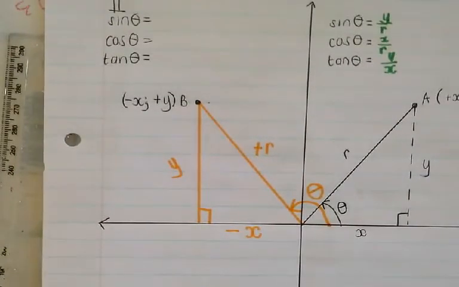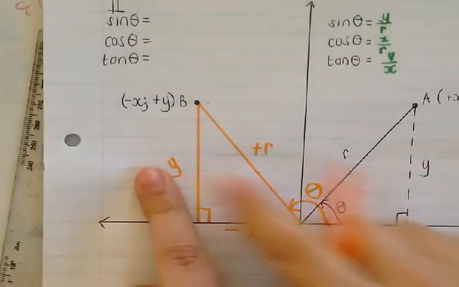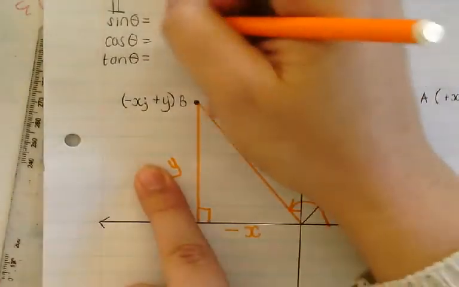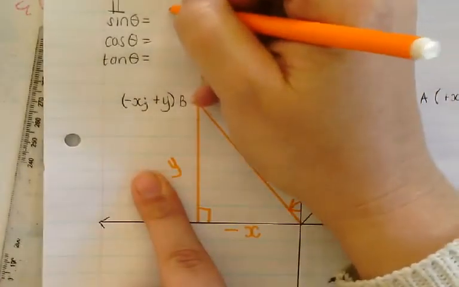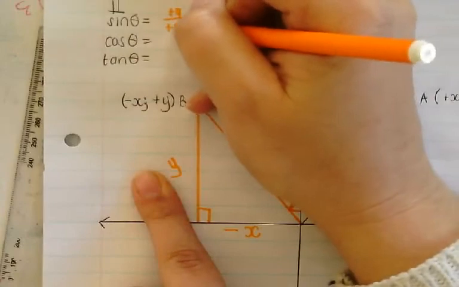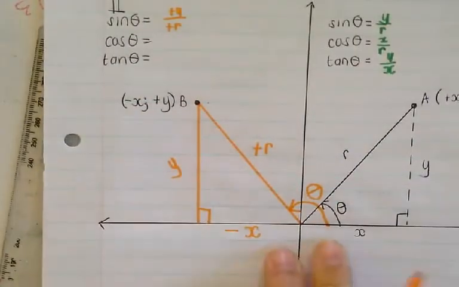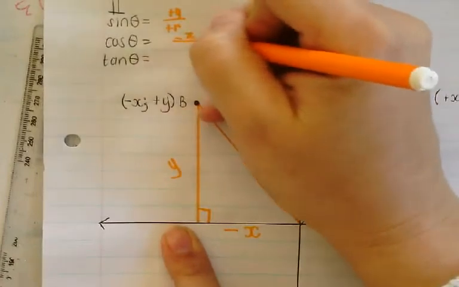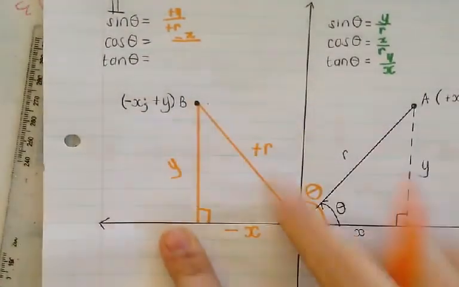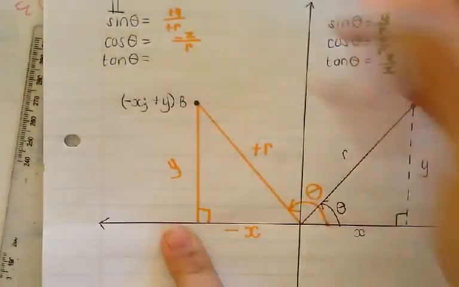So now we can do sine, cos, and tan again. Theta, opposite over hypotenuse. And it is positive y over positive r. Cos, adjacent, we now have a negative x over hypotenuse, which is r.